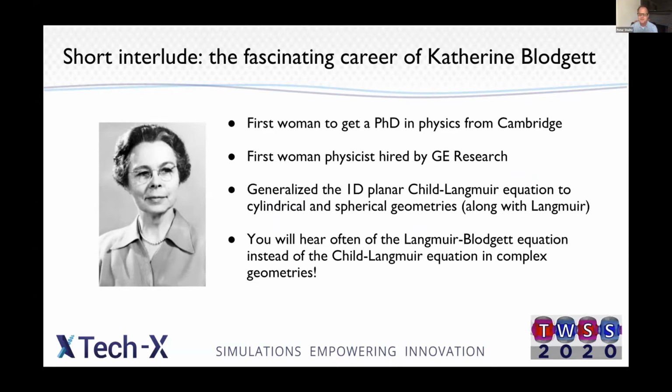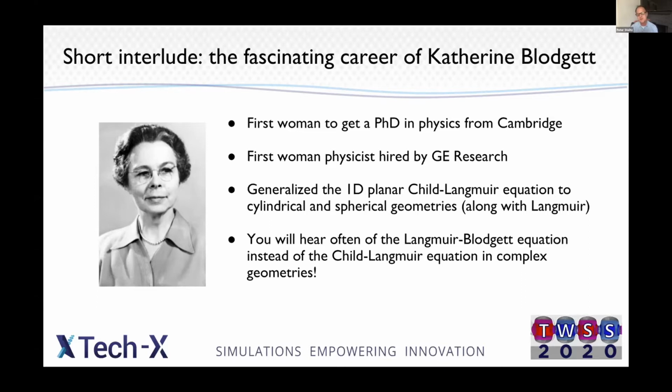She was the first woman to get a PhD in physics from Cambridge in England, and she was the first woman physicist hired by GE Research back in the 20s. And she's the one that worked out the generalization of changing that geometry from 1D planar to cylindrical, and she did spherical as well.